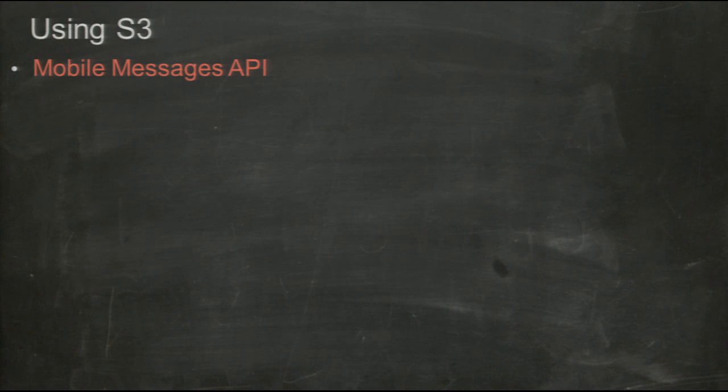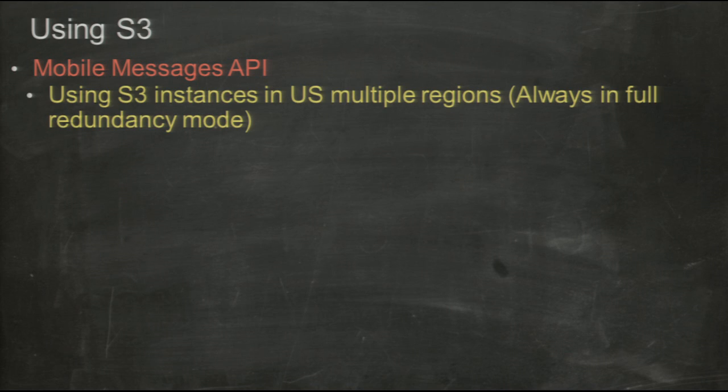So let's talk about S3 and what we are doing there. With our mobile messaging API, which is all REST Java, we are using S3 in multiple regions in the US. We are thinking about spreading them all around the world as well. We are always using them in full redundancy mode. There is a parameter that you need to set up for S3 to be fully redundant.